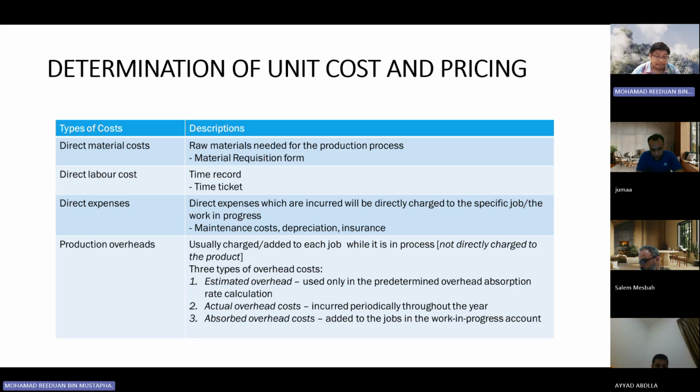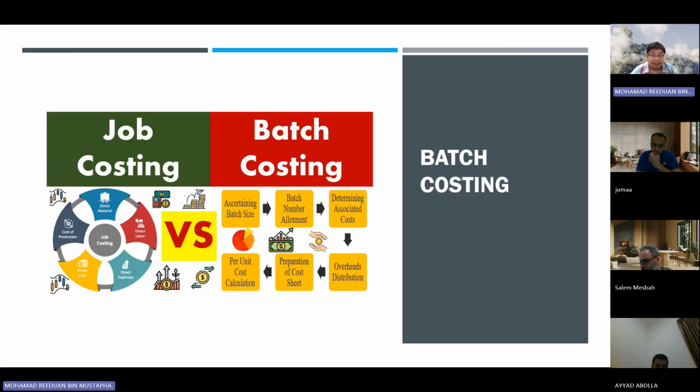Okay, so that is the job costing, and now there is something related to job costing, which is batch costing, which sometimes also becomes job costing. But we should also know what batch costing is.